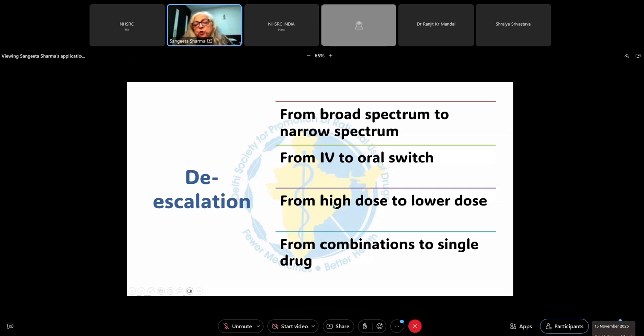Then you may start with a high loading dose in the emergency, and try to lower it down if the patient is stable. From combination to a single drug is also called de-escalation.